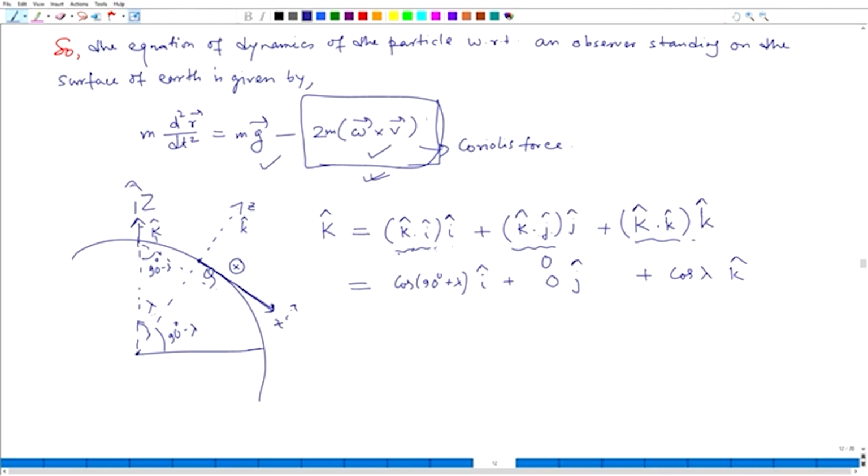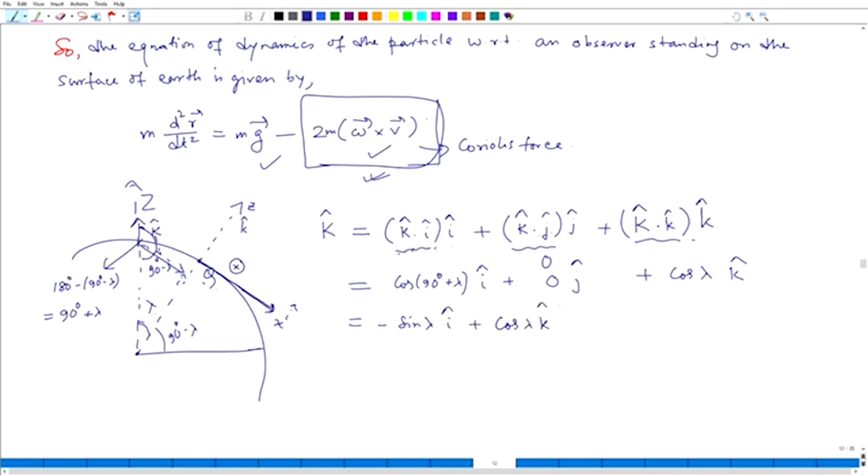So, you see once again, this is the direction of the i cap. Here I am just making this, and this is 90 minus lambda. So, this is actually 180 minus 90 minus lambda, which is 90 plus lambda, and then if you take the projection in this direction, that will be simply this, and cos 90 plus lambda, we all know this is minus sin lambda i cap plus, then you have cos lambda k cap.